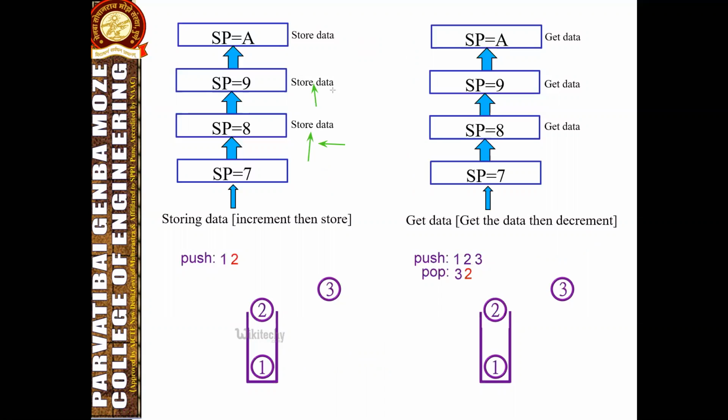Again, increment first, then store. But here, for reading, it will first read the data, then decrement. Read the data, decrement. Get the data, decrement. This is the principle of the stack pointer.